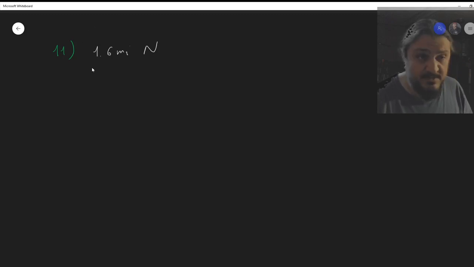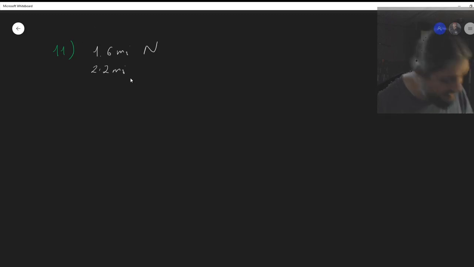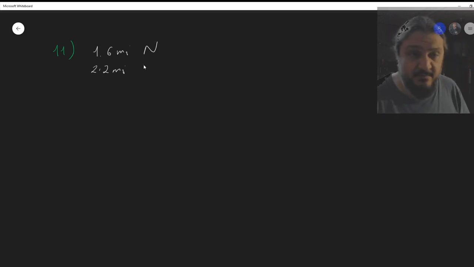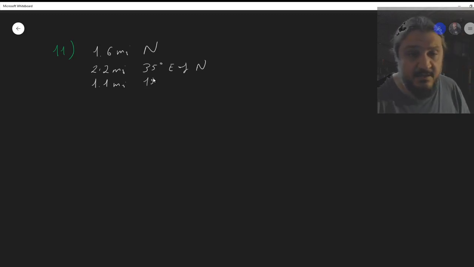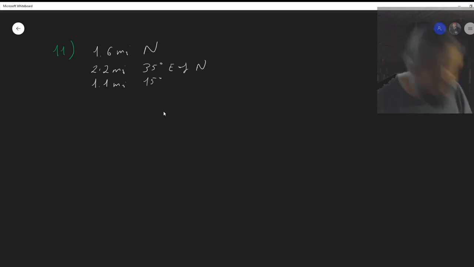Then 2.2 miles in a direction 35 degrees east of north. Then finally 1.1 miles in a direction 15 degrees north of east.